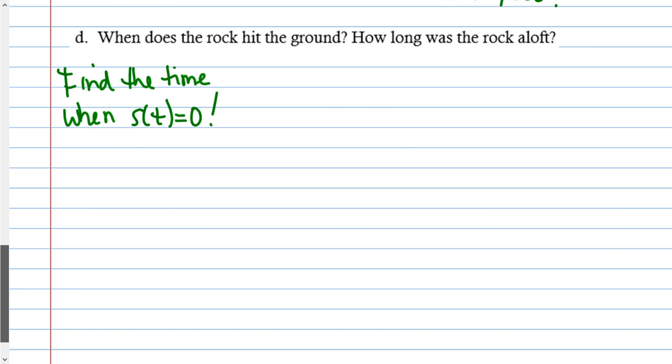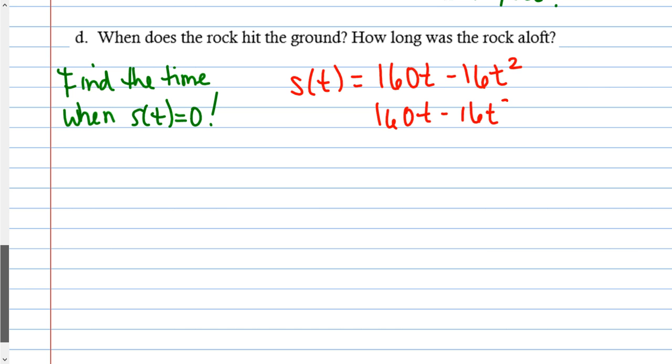We need the position function again. So s of t equals 160t minus 16t squared, and I'm going to set this equal to 0 and solve for t.